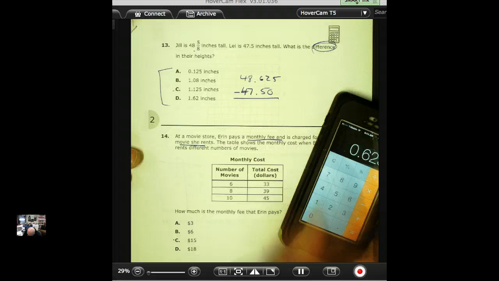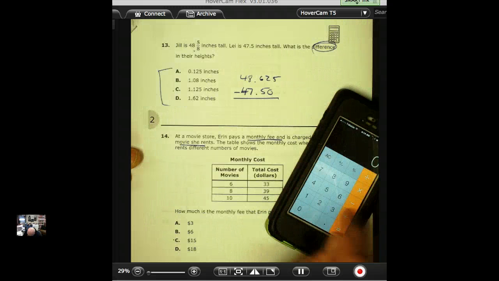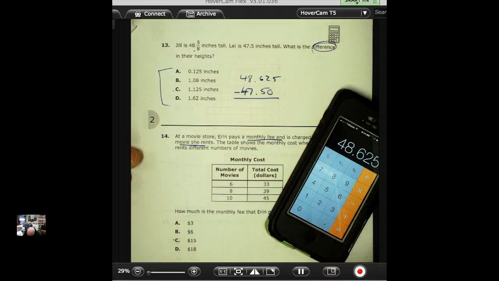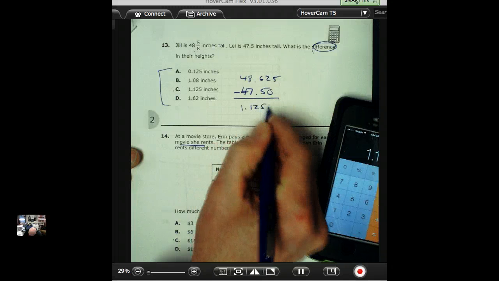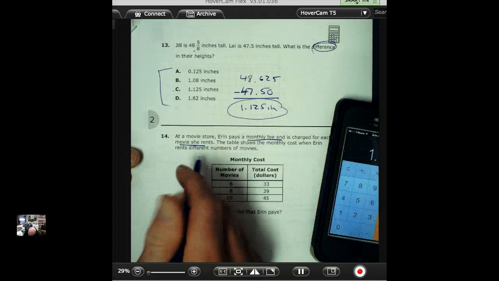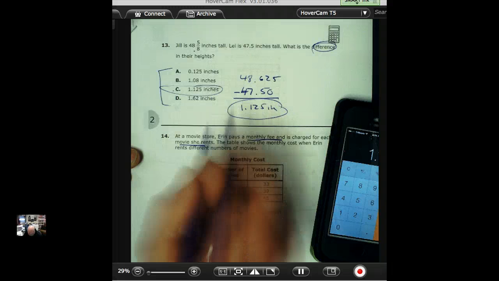We can do this on our calculator since it's a calculator target: 48.625, that's 48 and 5/8, minus 47.5. That's 1 1/8 or 1.125 inches. So that would be right here, answer C.